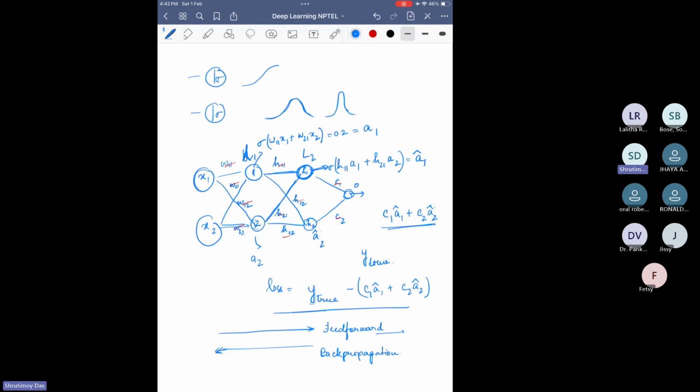Is there any question, Lalita? Yeah. So in this same diagram, when you are actually implementing feed forward, your first step will be the summation, which is the linear step. Then there will be another step, your activation function, which is sigmoid here.